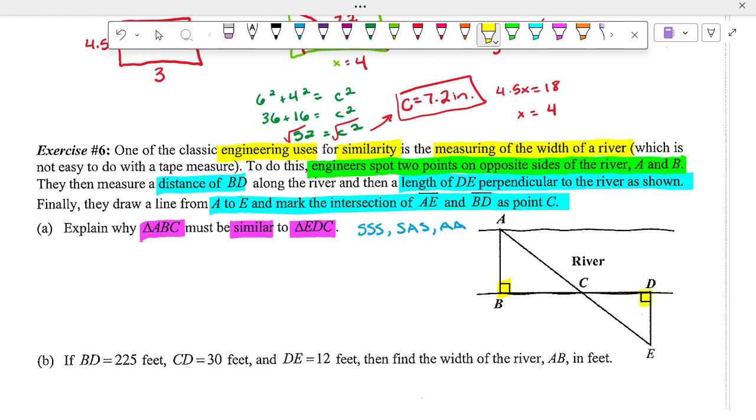Because we already know we got the 90-degree angle. That's already one angle. What other angle do we know for a fact is congruent? The vertical angle right here.